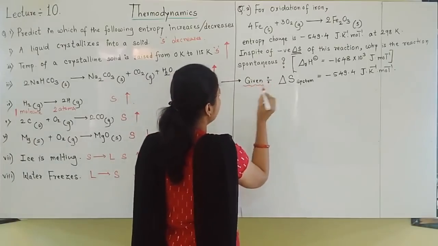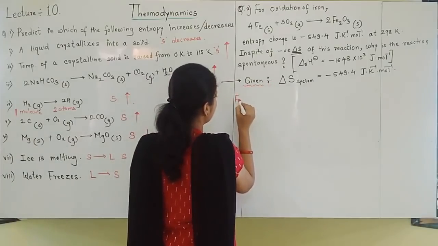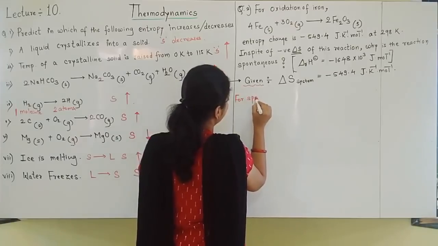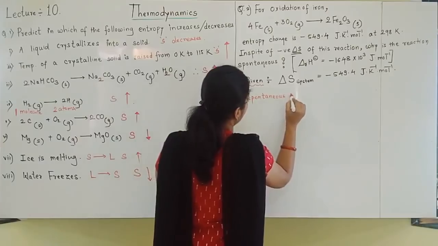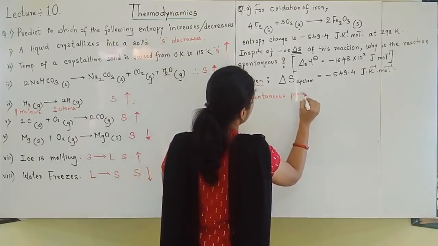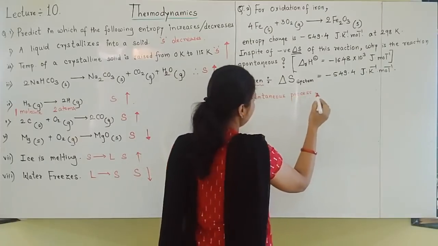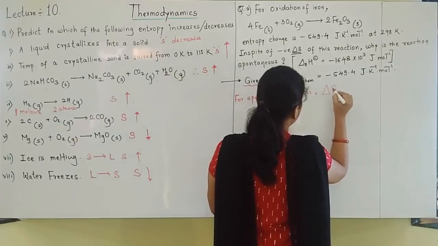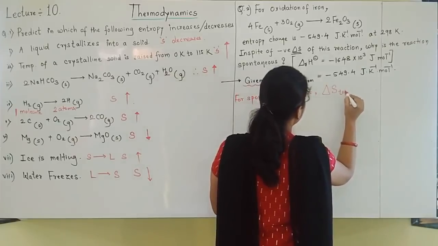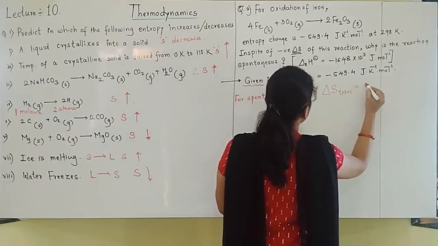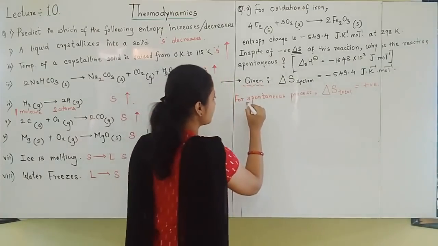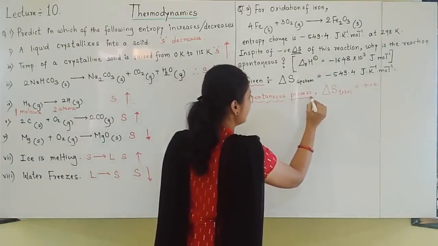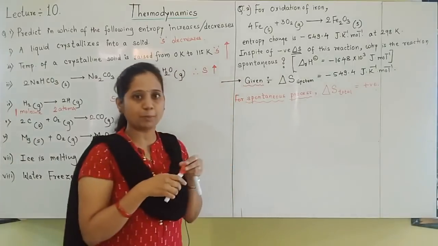What you should know, students, is that for a spontaneous process, delta S total is positive. Whether a reaction is spontaneous or not depends upon delta S, and that should be positive.